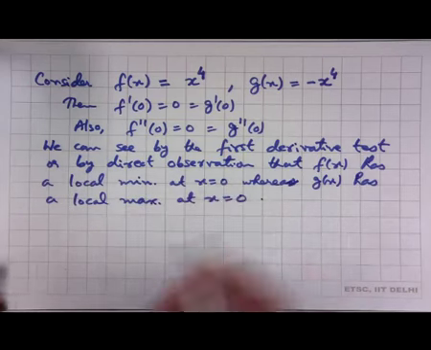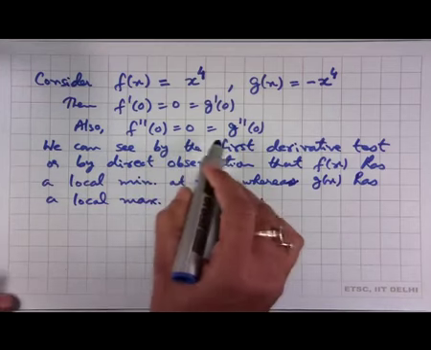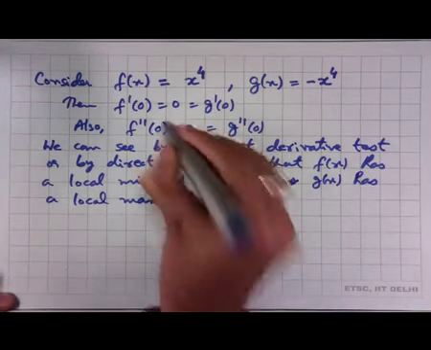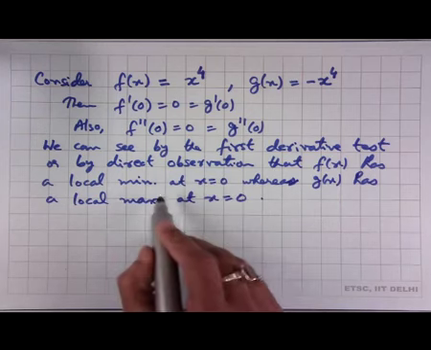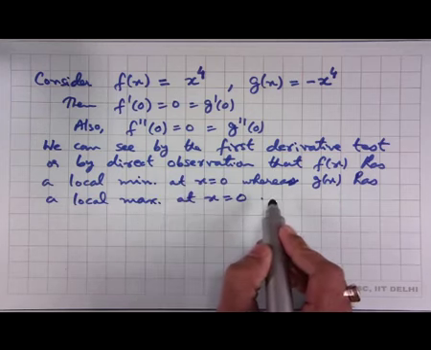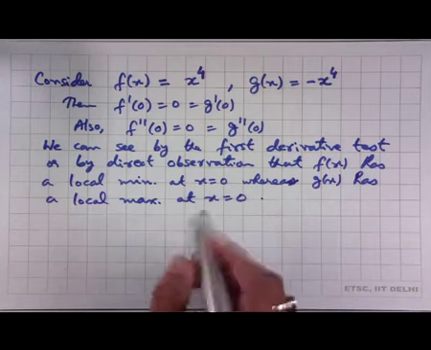So, what we see is that if the second derivative is 0 at a critical point, then it can be a local minima, it can be a local maxima, it can also be neither.